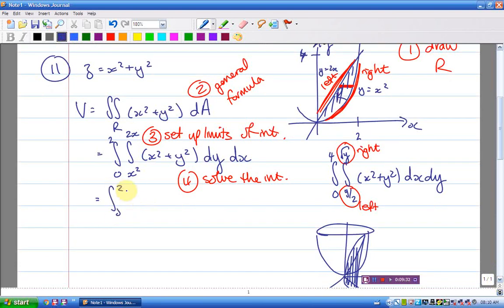Okay, I'm differentiating, I beg your pardon, I'm integrating with respect to y, so I'm asking myself, what did I differentiate with respect to y to get x squared plus y squared? It's x squared y plus 1/3 y cubed. That should be in square brackets. X squared is 2x.